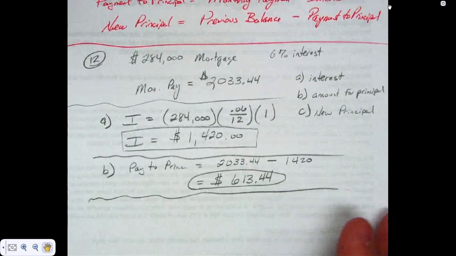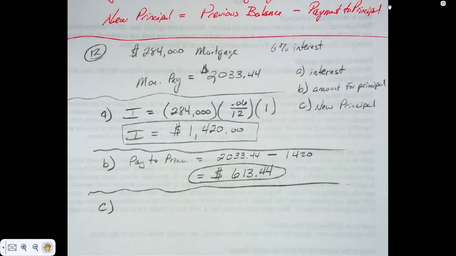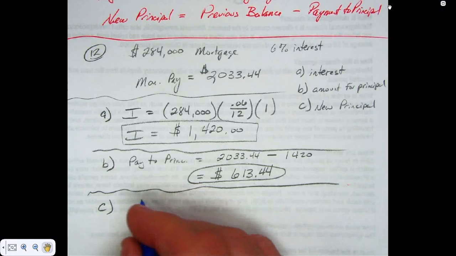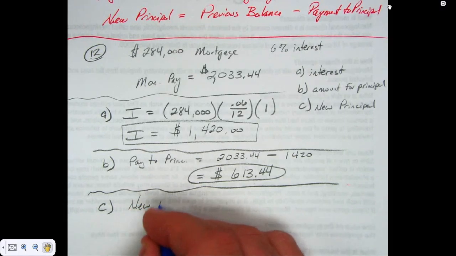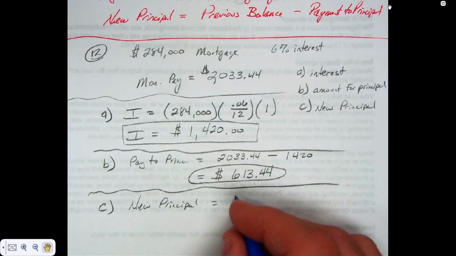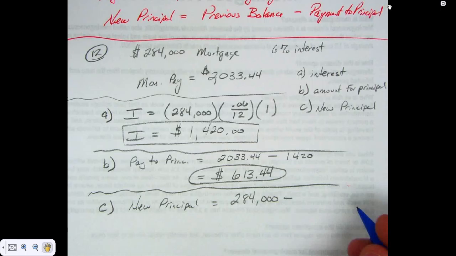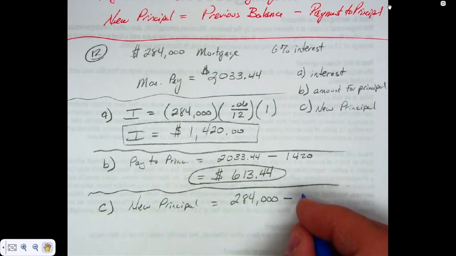Part C. What is our new principal? Well, it's $284,000, correct? Minus how much do we pay towards that principal this month?